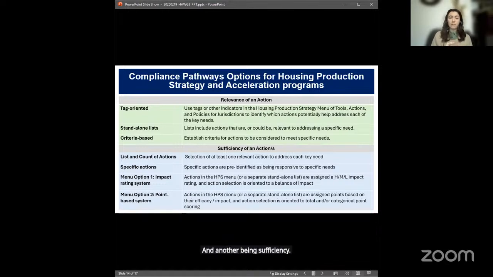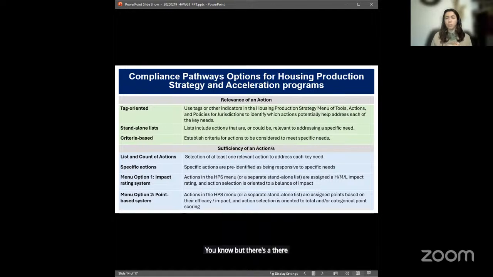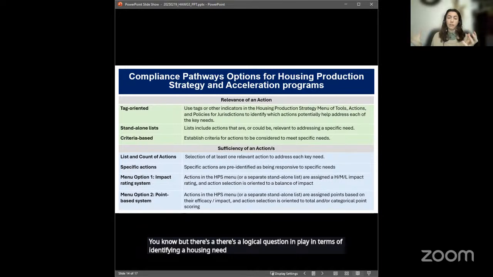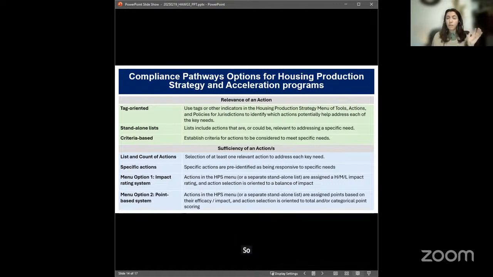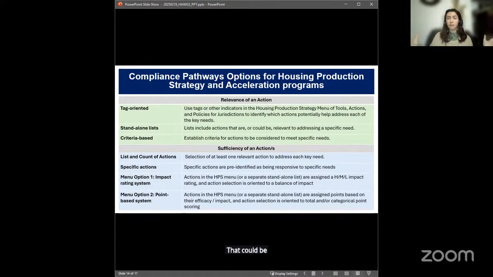So the relevance might seem intuitive for a lot of us, but there's a logical question in play in terms of identifying a housing need and selecting an action that we believe is relevant that will have impact specifically to that housing need. So there is a filtering there. And so in the memo and here we had a few different ways that relevance may be able to be established in a more formal way through a more formal compliance pathway. That could be tagging, right?